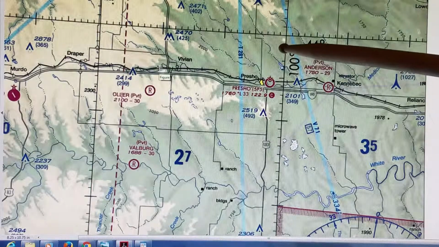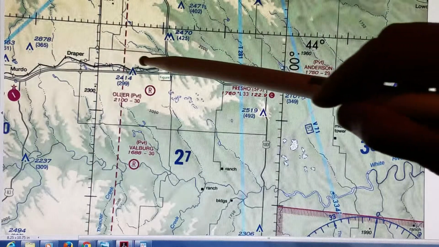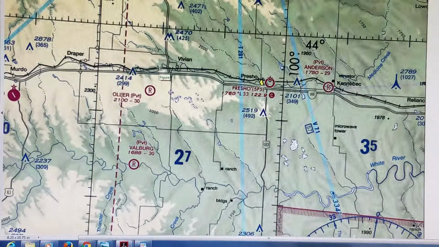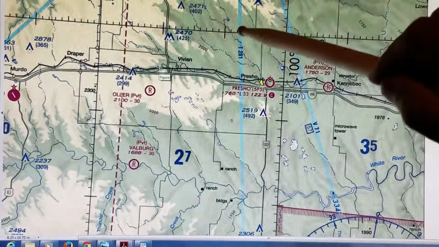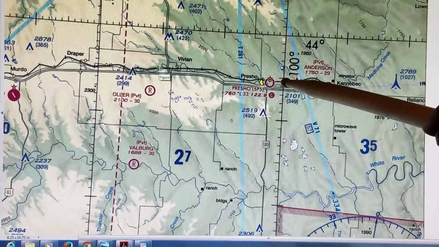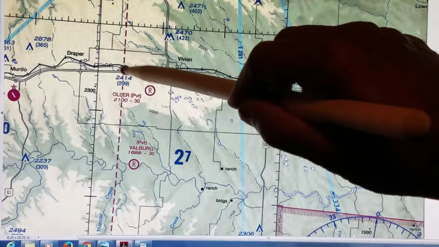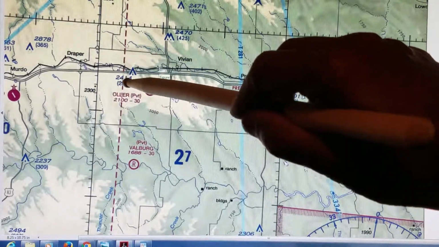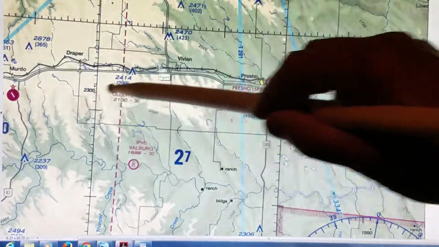So let's see now. Over here is the latitude of 44, and then if we want to see the coordinates of this tower over here, the best way to do is on the latitude. It's not over here, it's 44. So let's try to make it 10 minutes less. That means 43 and 50 minutes on the latitude, and the longitude is 100 over here, and this way it increases.